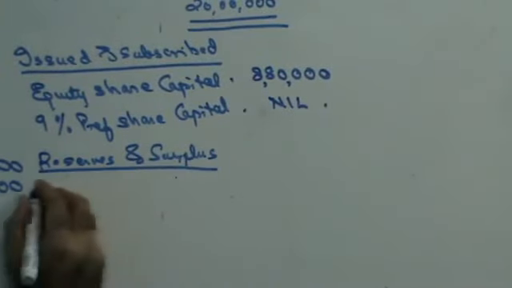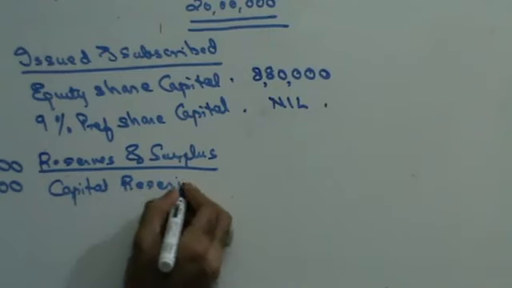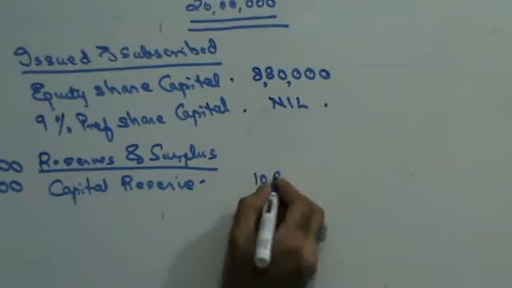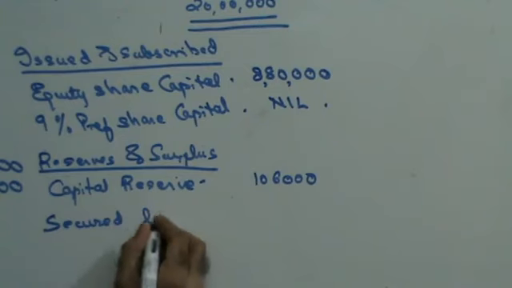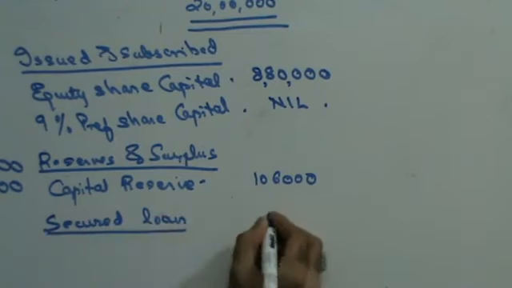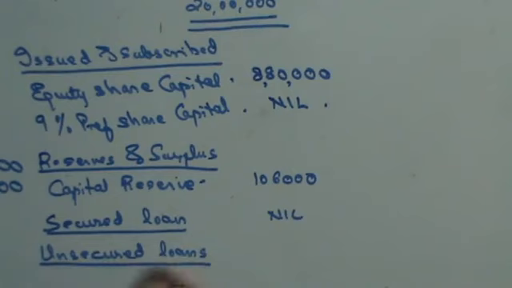In reserves and surplus, you have capital reserve. We just found out capital reserve to be 1,06,000. Then you have, okay, secured loans. Secured loans is nil. Unsecured loans. Unsecured loans is 1,60,000.